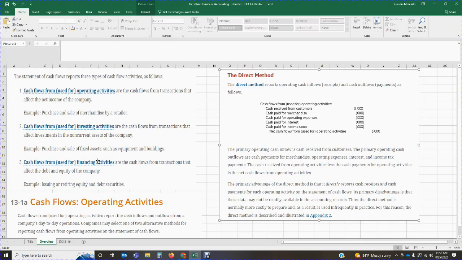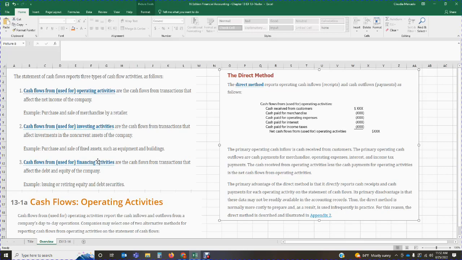Okay, now this is a somewhat easy way of calculating your cash flows for operating activities, but this particular method has its disadvantages. Okay, the primary disadvantage is that the data is not readily available in our accounting records.